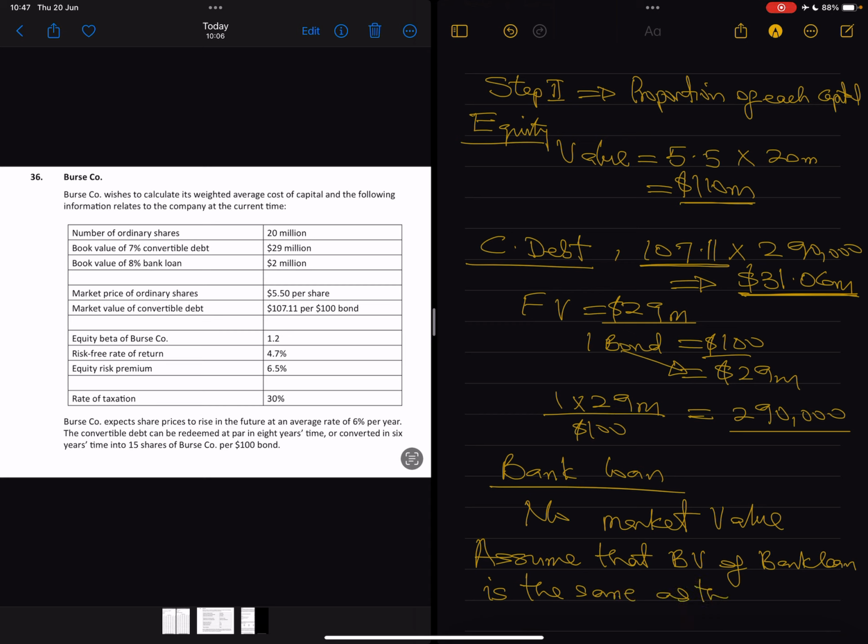as the market value. So in this question now, the bank loan has been given at, let's see, do we have any figure for bank loan? Yeah, bank loan has been given here. You can see book value of bank loan is 2 million. So we'll stick it there like that as 2 million.